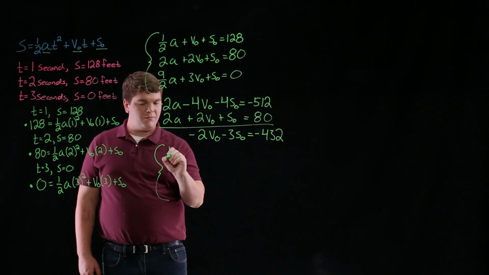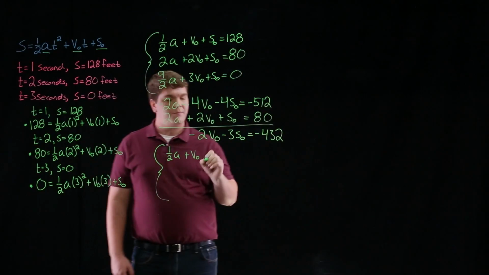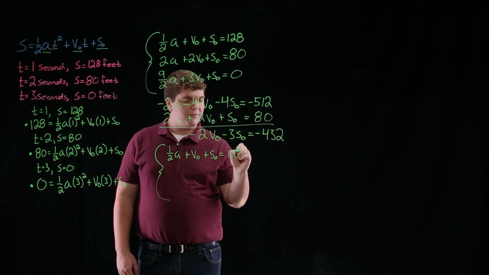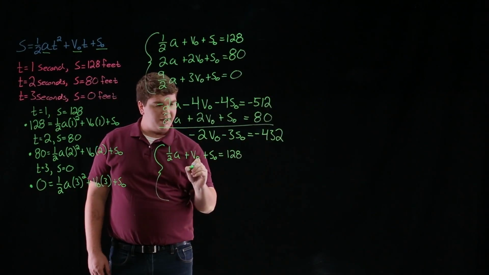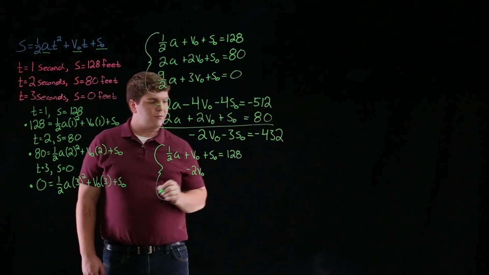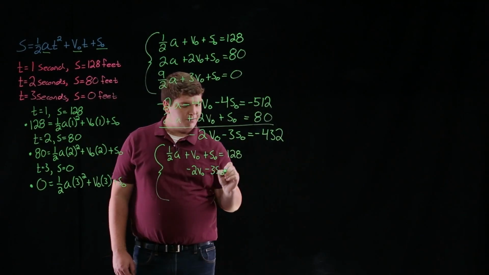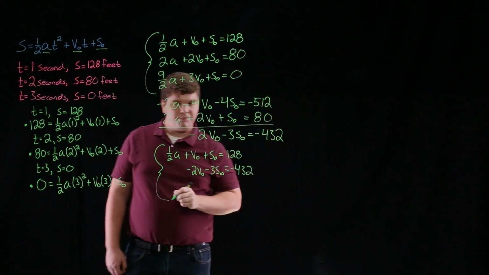1/2 a plus v naught plus s naught equals 128. Our second row will become -2 v naught minus 3 s naught equals -432.